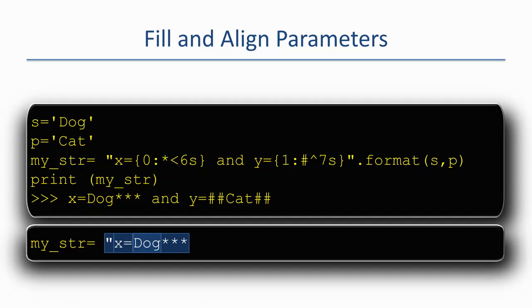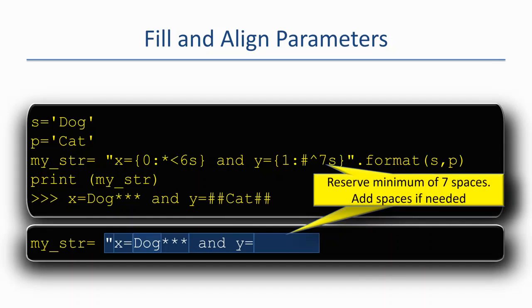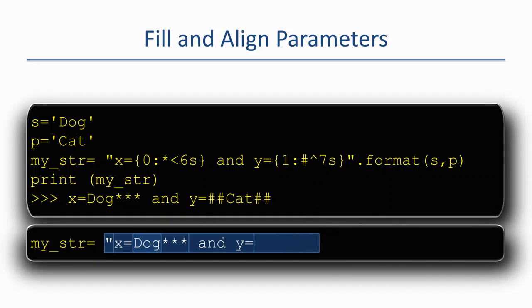Next, Python scans the template string again until it encounters the curly bracket again. So it copies that portion of the string directly to the output. Then it starts working on the second curly brackets. It reserves 7 characters and it will add spaces if it needs to. Next, it knows that it has to go get the value of the argument with the index of 1. That argument is p and the value of it is cat.